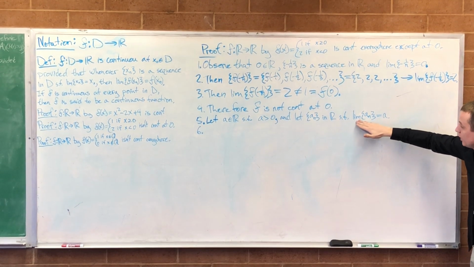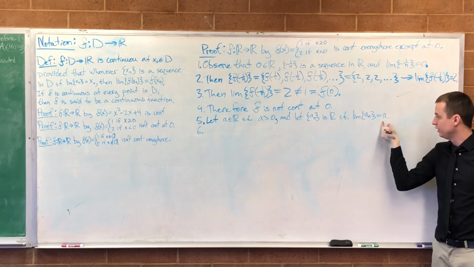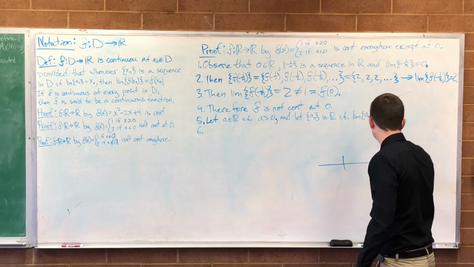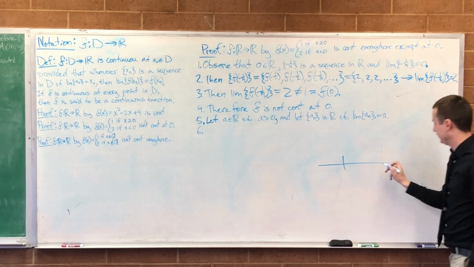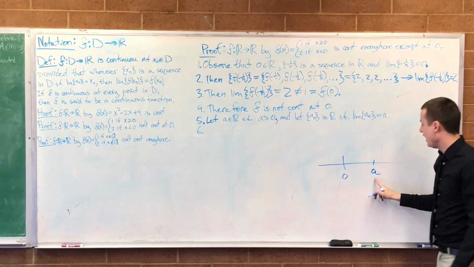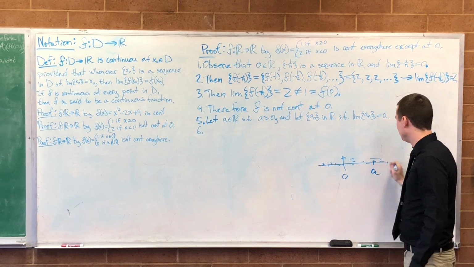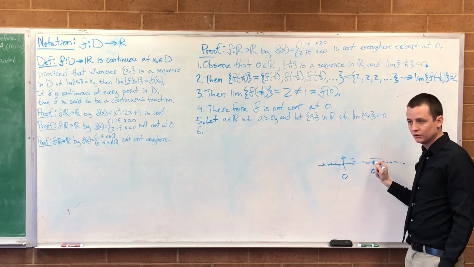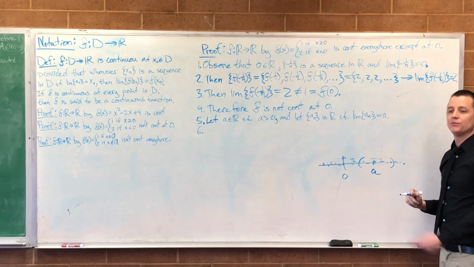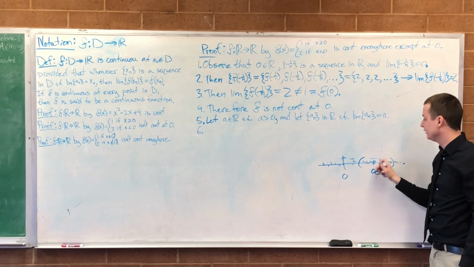Since the limit of the sequence is equal to a, and a is greater than 0, let me draw a quick picture so that I can just make this leap and I think you'll be fine with it. So a is some point greater than 0, and 0 is over here. I know that an is a sequence, whatever it does, it eventually converges to a, which means it eventually gets within any small distance we want of a. There's an index in the sequence such that from that index onwards, we're always within that distance of a.